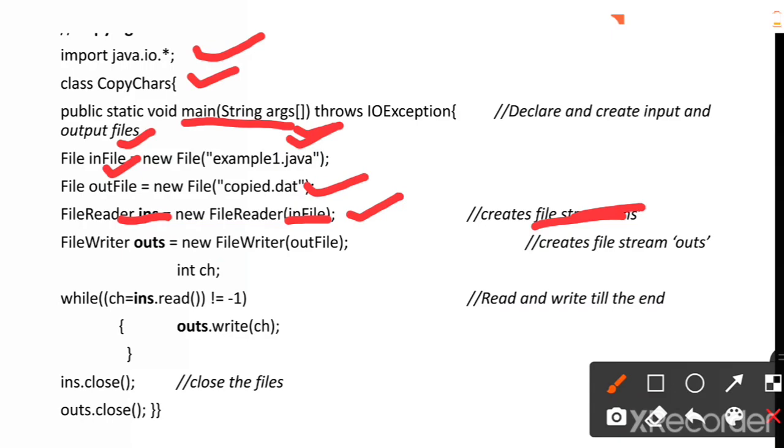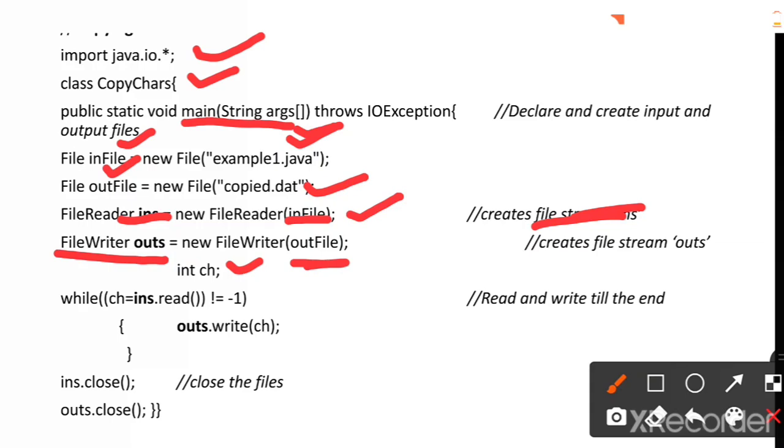And in the next line I am linking the outFile file object to the output stream object, that is outs.